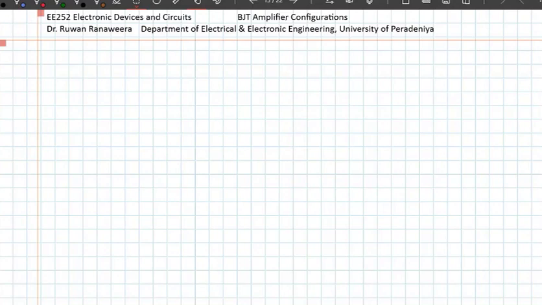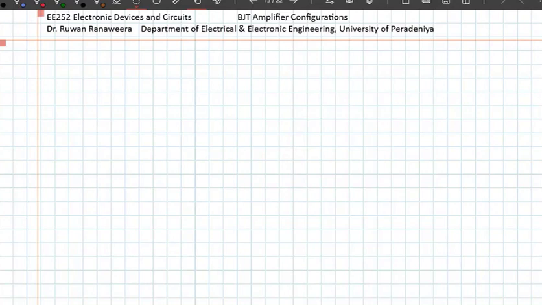So far, when we looked at amplifier circuits, we always looked at the BJT circuit connected in just one configuration. In other words, the input was always the base, output was always the collector, right?